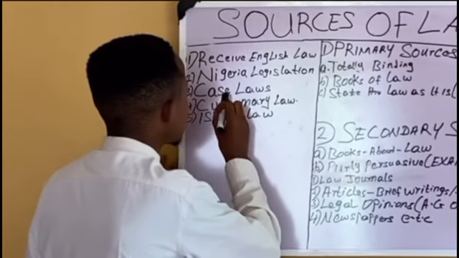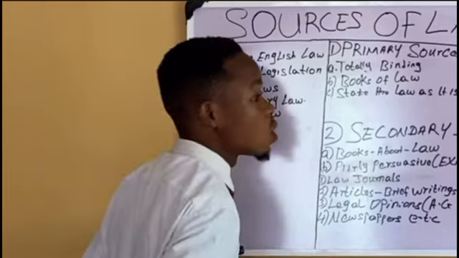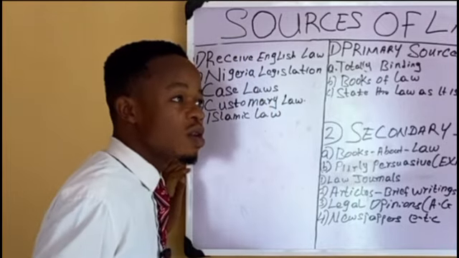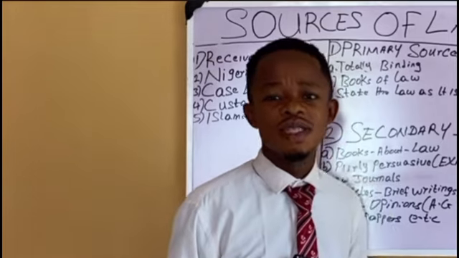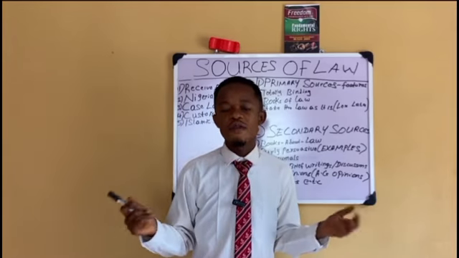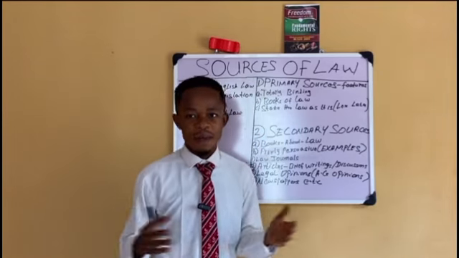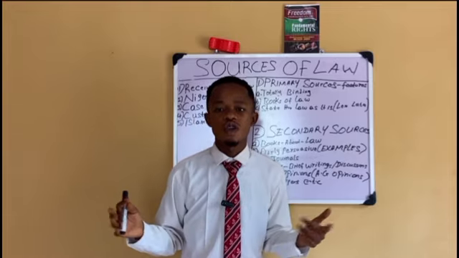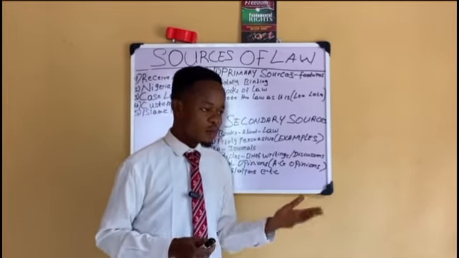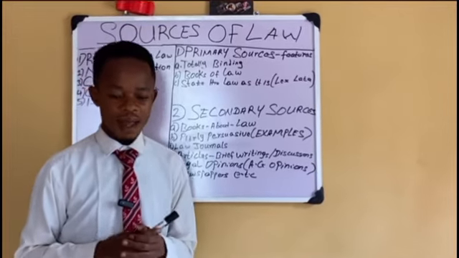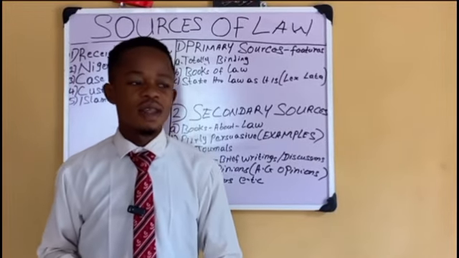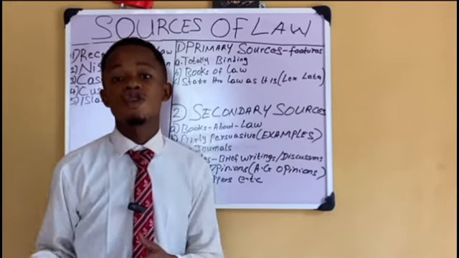Now, when we talk about case law, there are judge-made decisions. Case law has anything to do with what? Judicial precedents. The major takeaway from case law is that whenever a court decides a matter, they don't just throw the decision away. Let us assume there is a dispute between you and I, and the court has ruled on the matter that I'm the person that is the owner of this land based on some reason.